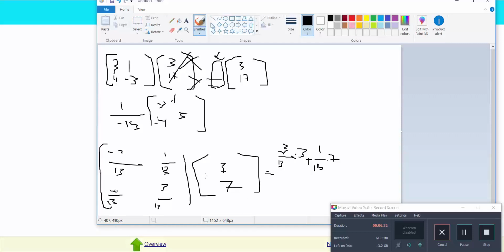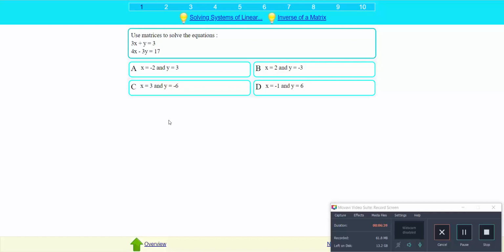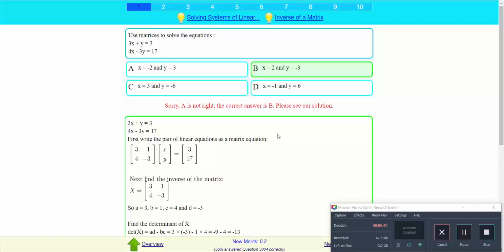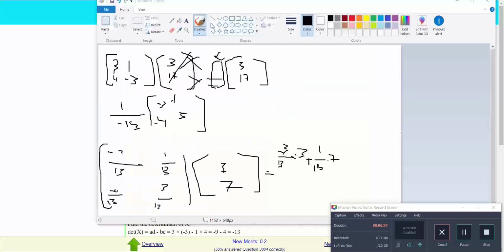Now given I don't have a pen and paper, it's pretty frustrating to actually solve, but we just want to get the answer out straight. Let's choose A. Well, the answer is B, so let's see what they have done. So they've done exactly like we've done.